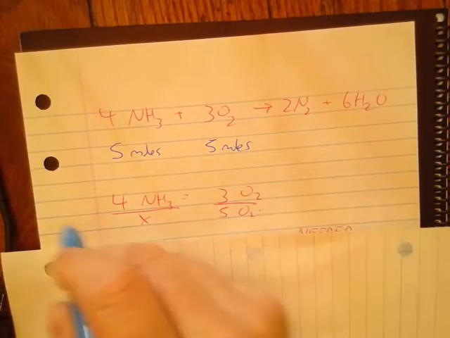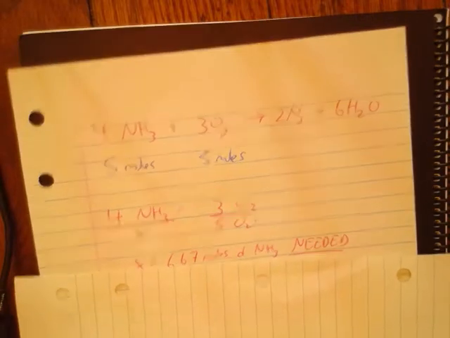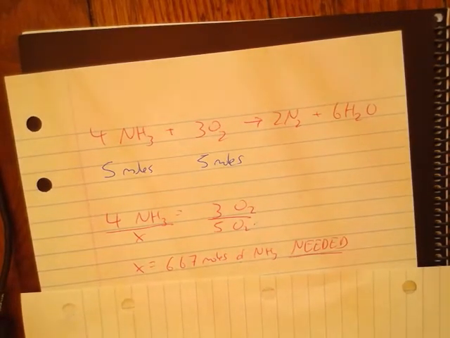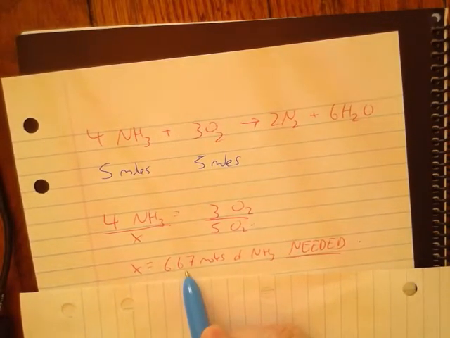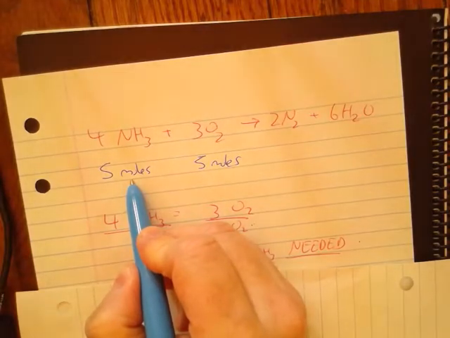So I cross multiply and I solve for X, and when I solve for X, I get X to be 6.67 or 6 2/3 moles of ammonia needed. I need over 6 moles of ammonia to make this reaction work. The problem with that is I only have 5 moles of ammonia.